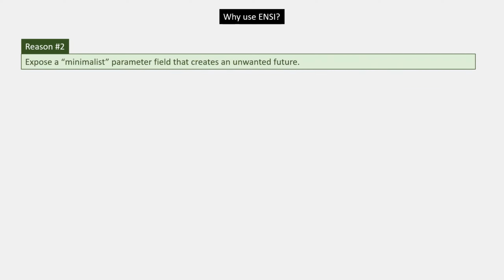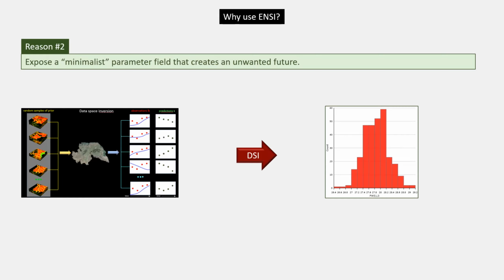And then, when it comes to predictive uncertainty analysis, perhaps after we've calibrated our model using ENSI, we then use DSI to obtain samples of the posterior predictive probability distribution.